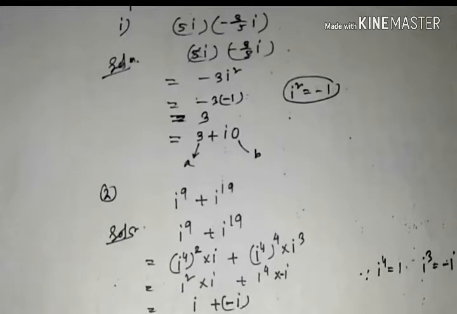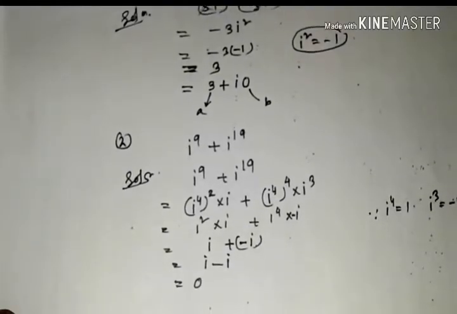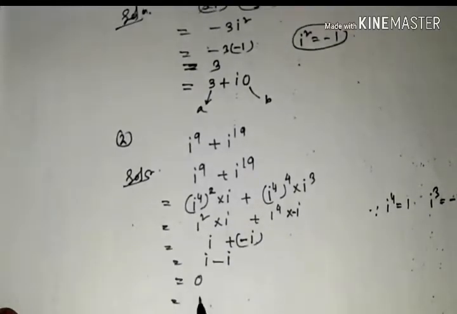We get i minus i, that is 0. This is also a real number. We have to write it in A plus iB form, that is 0 plus i0.